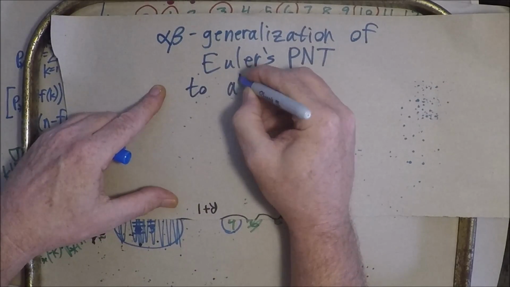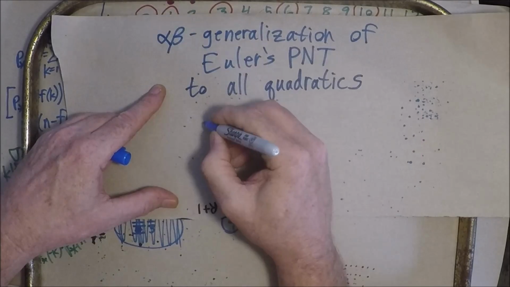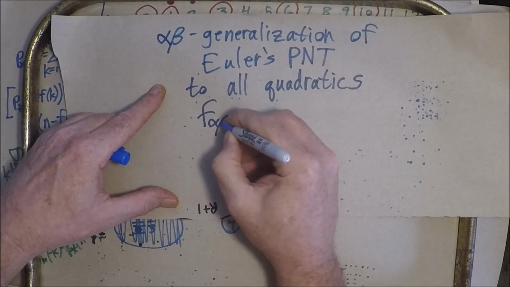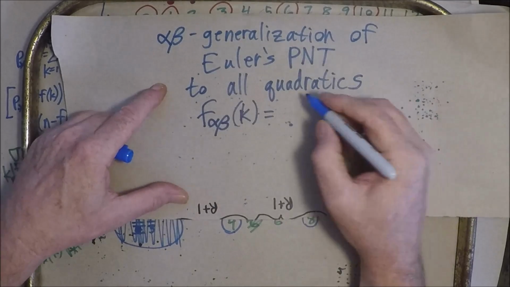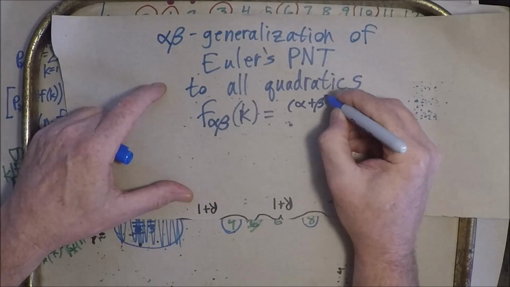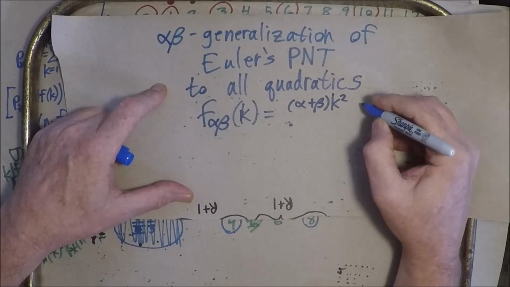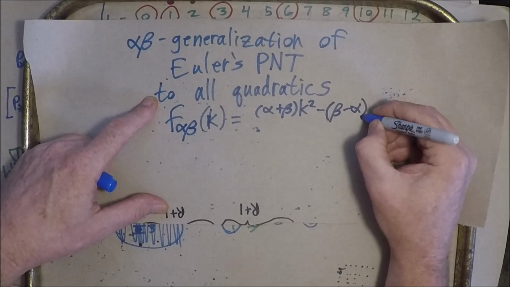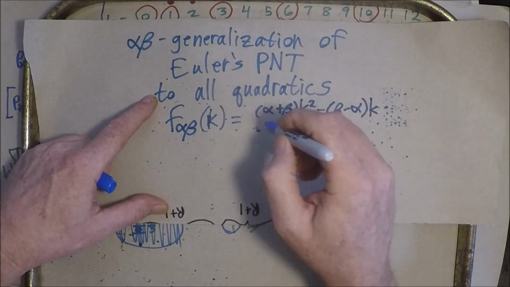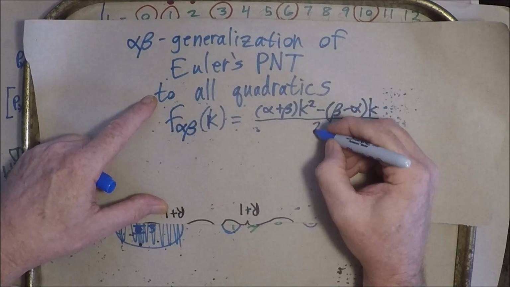To all quadratics f of alpha beta of k equals alpha plus beta times k squared minus the quantity beta minus alpha times k all over 2.